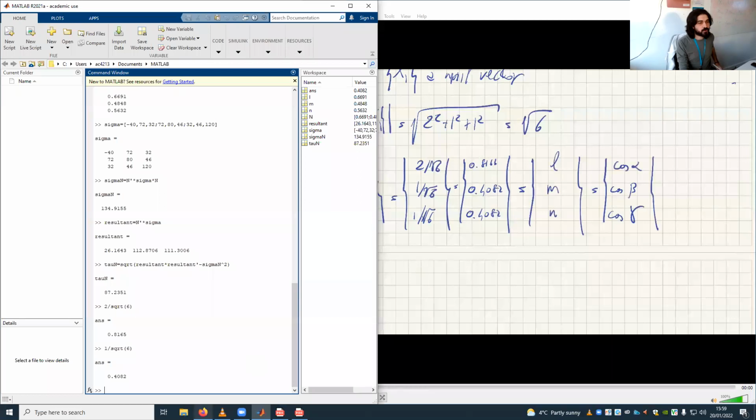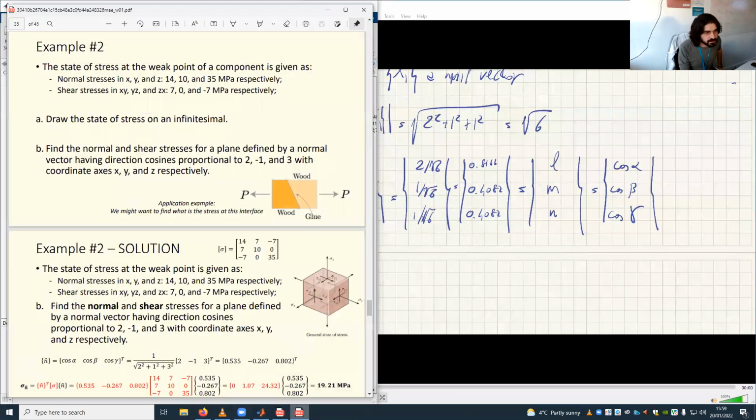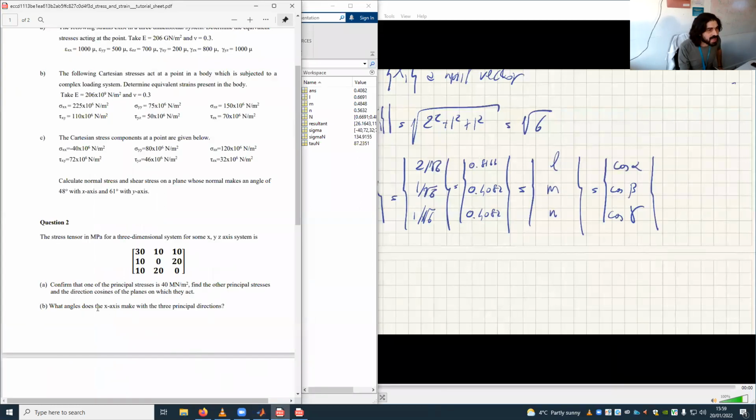And so the question that says, what angle does the x-axis make with the principal directions? Now, this is the first principal direction. So the first principal direction makes an angle alpha with the principal. So let's call this L1, M1, N1. This is alpha 1, beta 1, because you have this x1 only. Then you have to do the same for x2 and the same for x3.